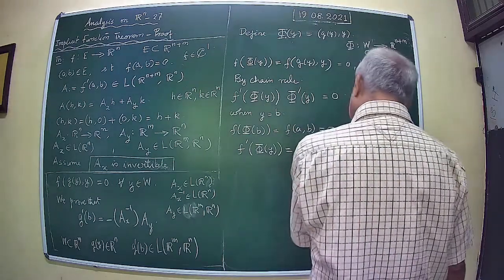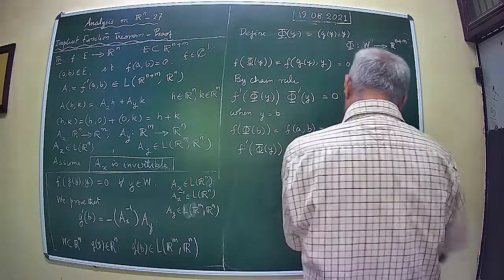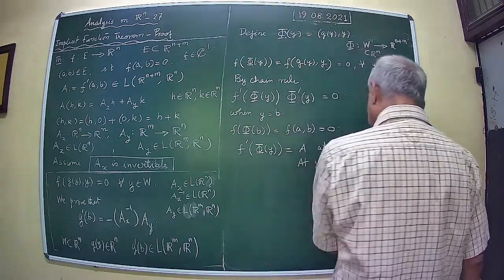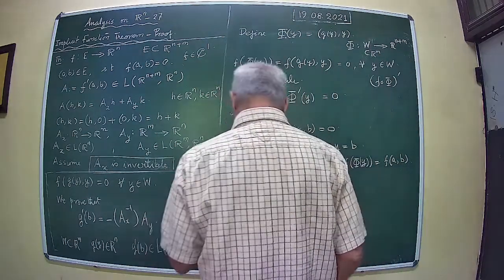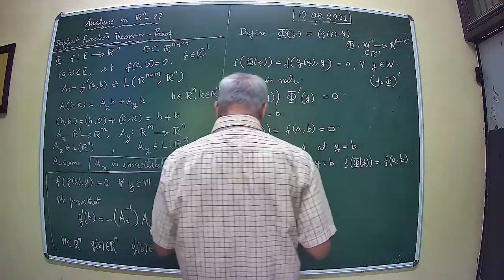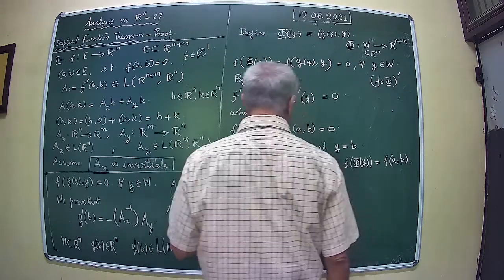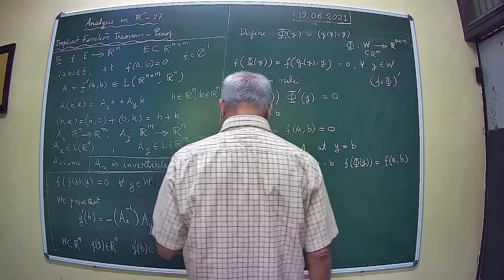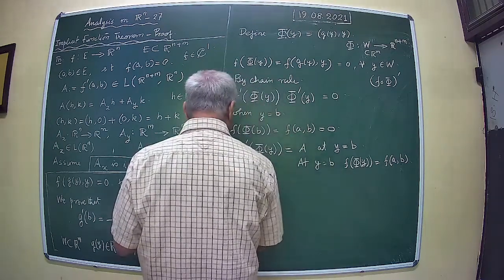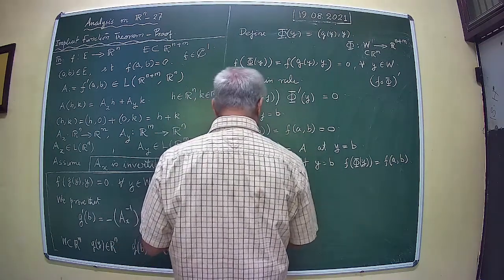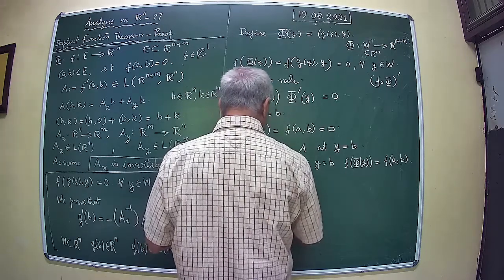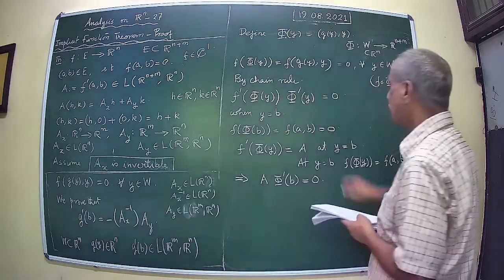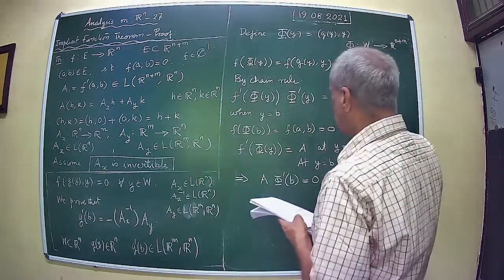So F derivative at AB is the derivative of this one, and which we have computed, and this is equal to A, right? Which implies A of, equal to 0. That is, we are using this relation. Okay.